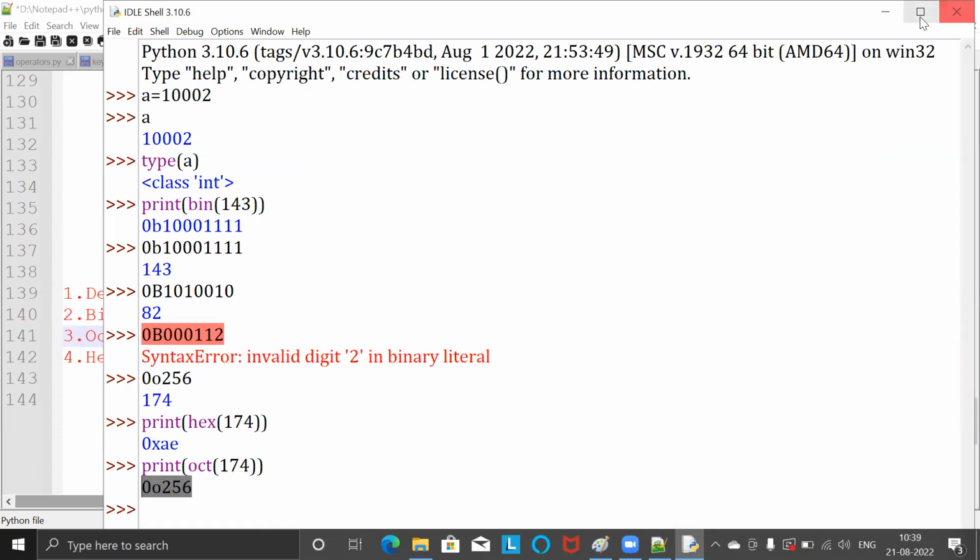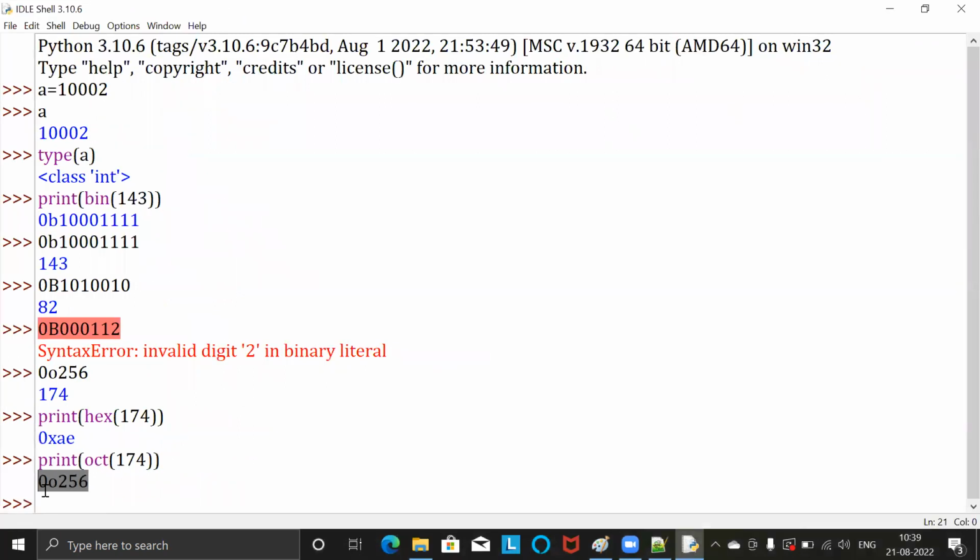See, once observe this example. The octal value of 174 is 256, and the octal value of 256 is 174, and the decimal value is the number. This is how we convert decimal value to octal and octal to decimal.